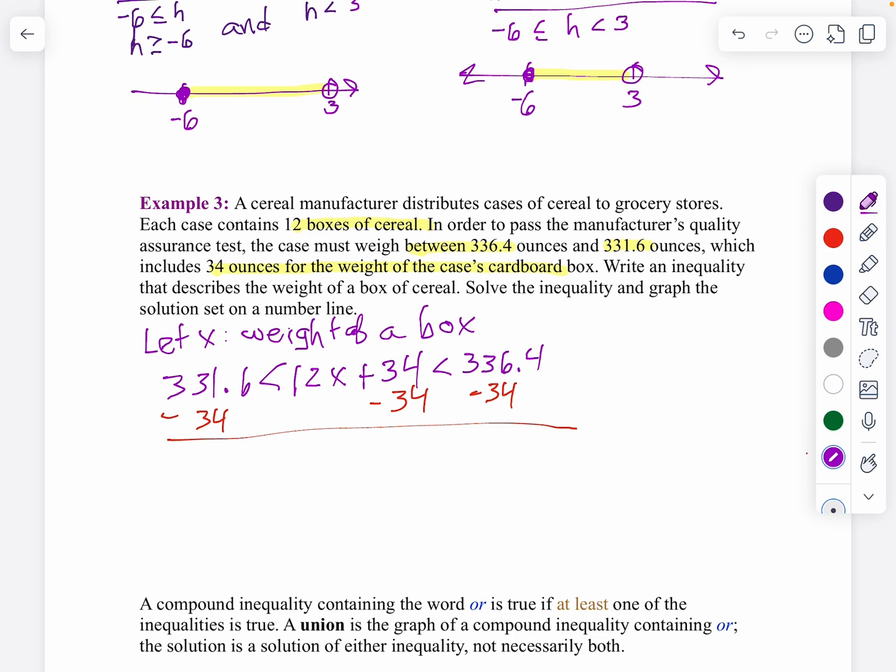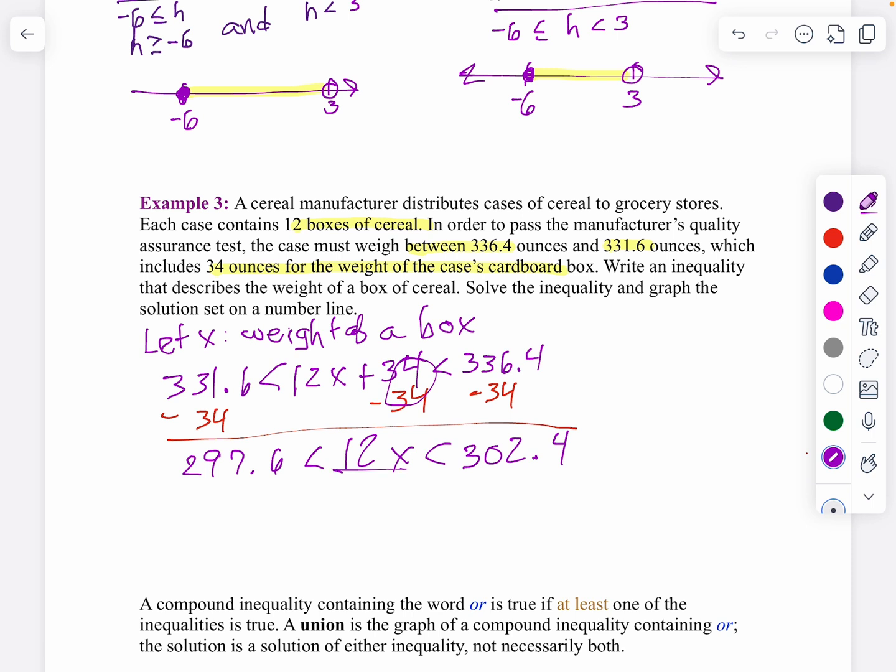And I think we'll use a calculator to do that. And we get 297.6 is less than 12x. Notice my 34s, they cancel out. And then 302.4, right? 336 minus 34 is 2.